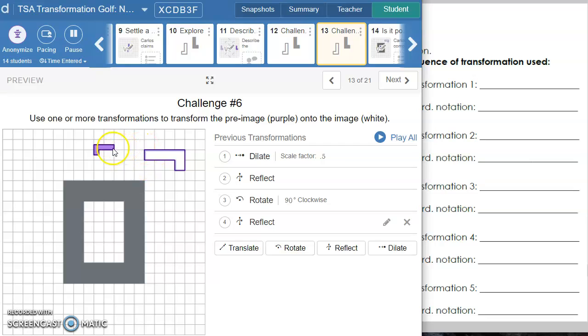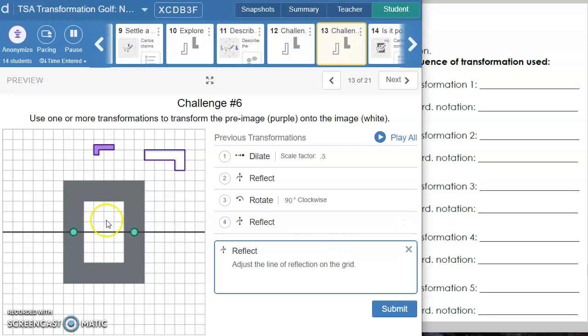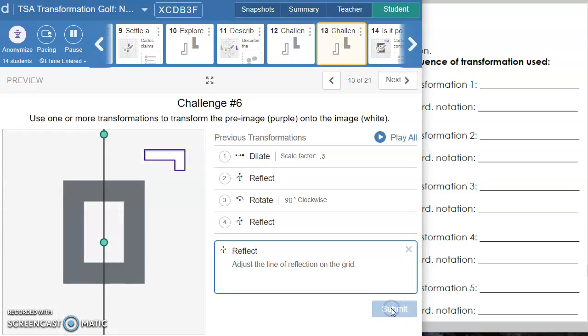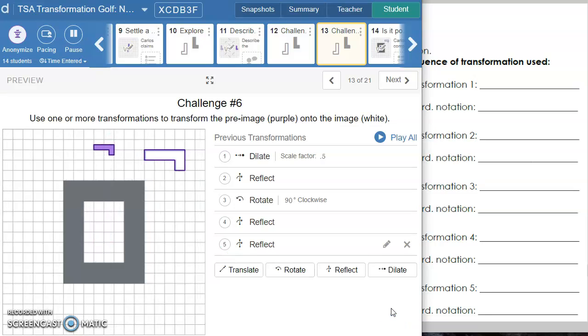Well, that looks a little better because now it looks like just another reflection might get me where I want to go. So if I reflect maybe across the axis, every time I can do the axis, I should do the axis because the math is just a little bit simpler. Now I've got it the right shape. I'm going to have to get it the right size too.